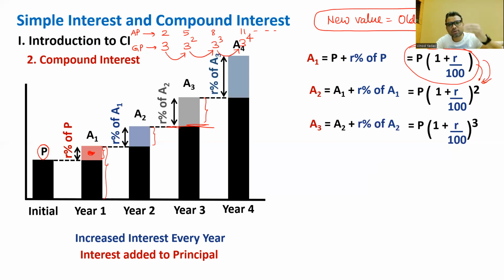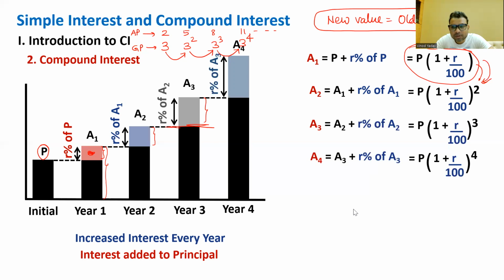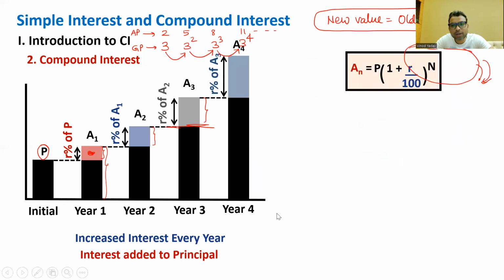See the growth, phenomenal growth. That is why, when you go to the world of finance, the first thing they teach you is this only, the power of compounding. You must have heard this term in the finance world. See how the money is growing. It is growing exponentially.